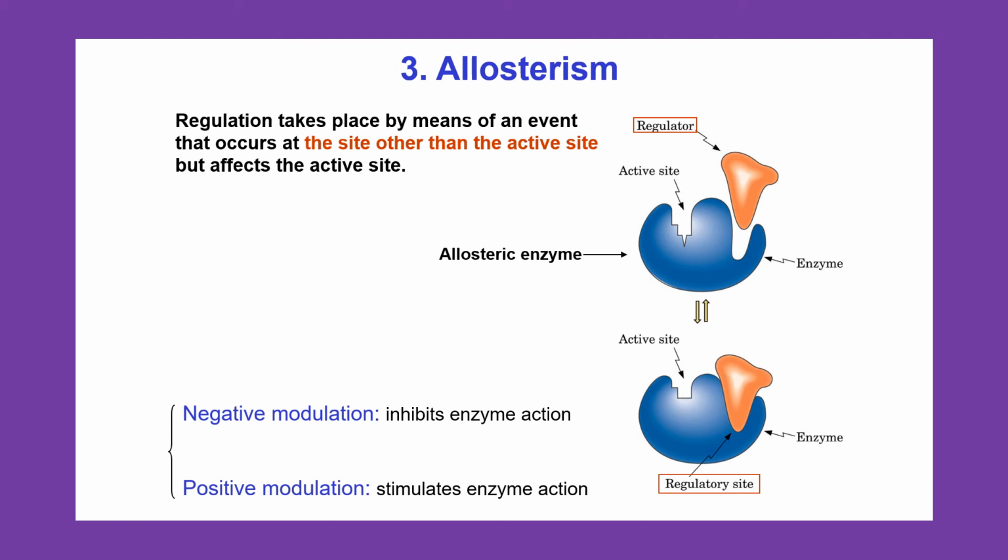If a substance binds non-covalently and reversibly to a site other than the active site, it may affect the enzyme in either of two ways. It may inhibit enzyme action, which is known as negative modulation, or it may stimulate the enzyme action, which is known as positive modulation.